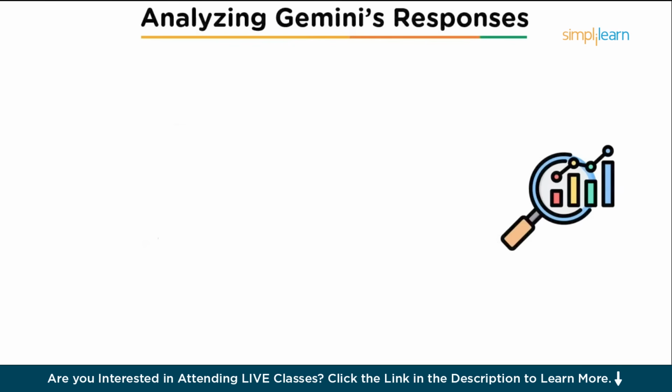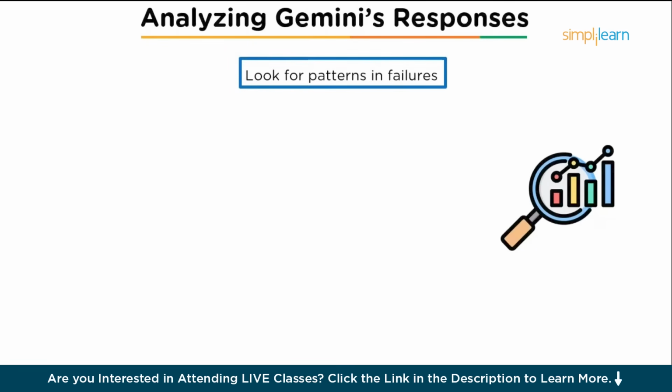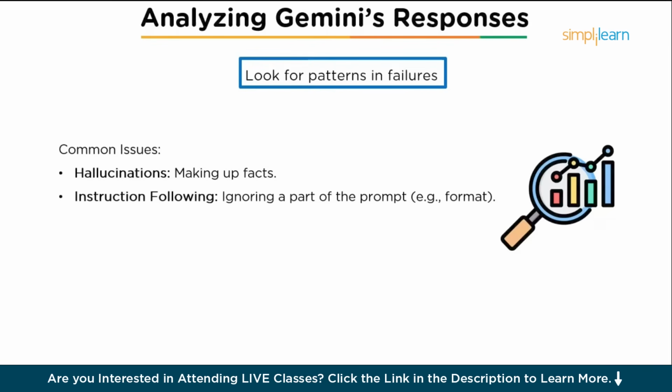To continuously improve your interactions with Gemini, it's crucial to analyze its responses, particularly by looking for patterns and failures. There are several common issues to watch for: hallucinations, where the model makes up facts that are not true. Instruction-following problems, indicating Gemini ignored a part of your prompt, such as specific format requirements.